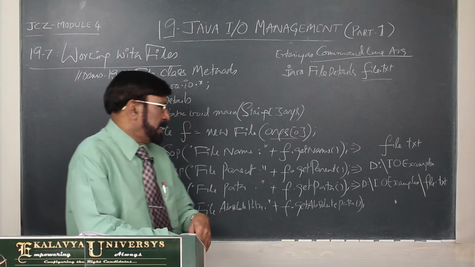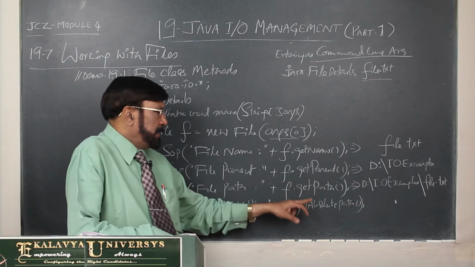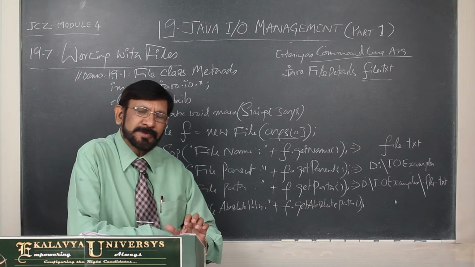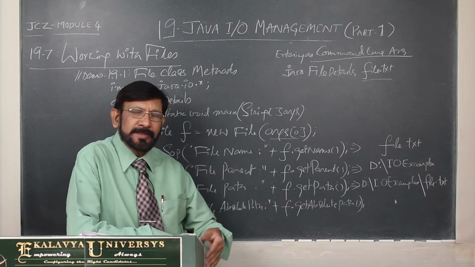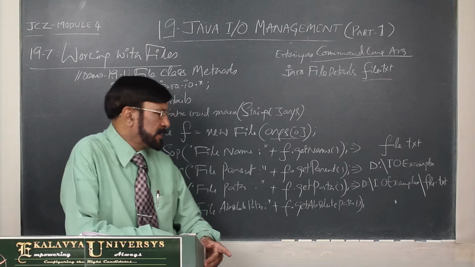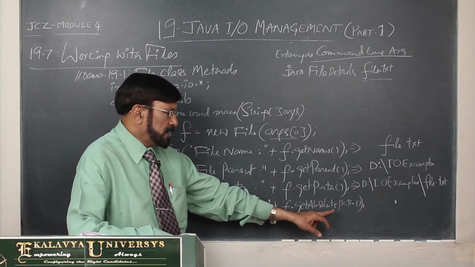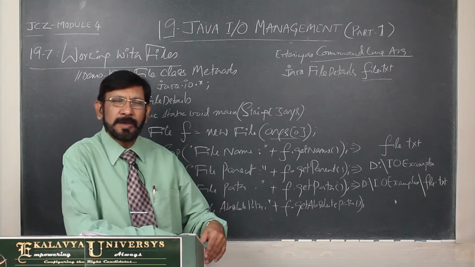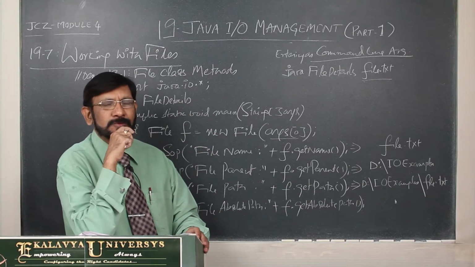Next, getAbsolutePath. Actually, getPath and getAbsolutePath have a slight difference. Suppose there is a root directory, by using getAbsolutePath we get it including the root directory's name also.